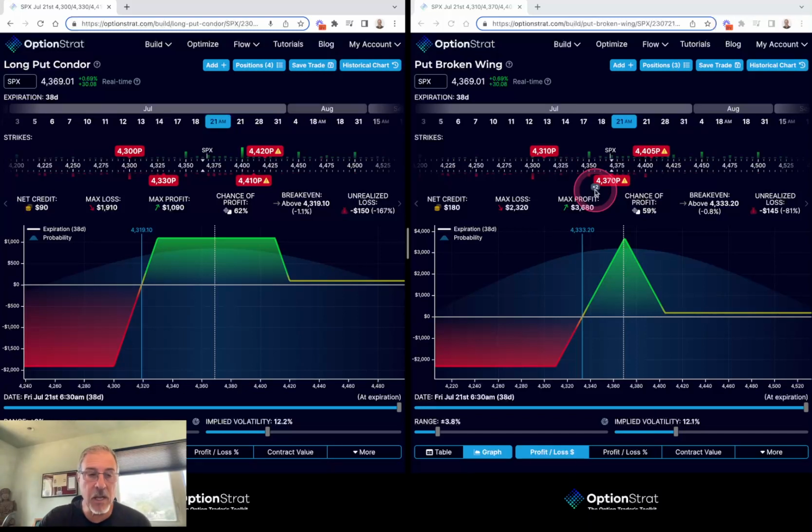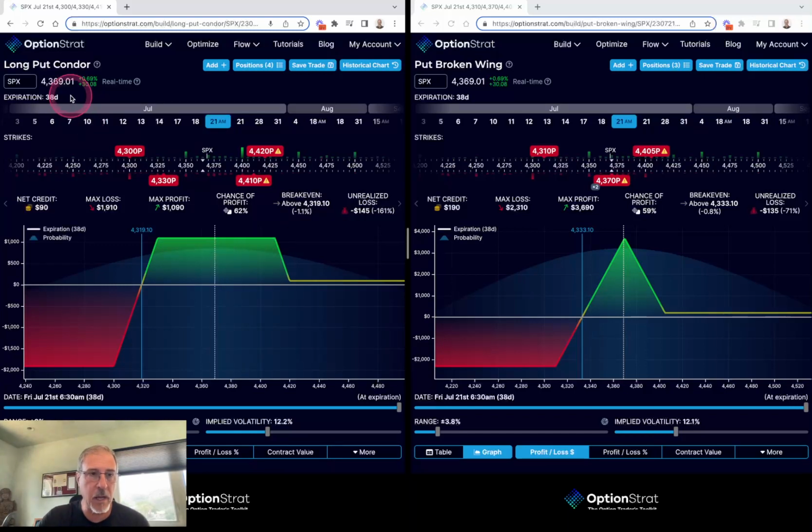So what I've done in this comparison is I've attempted to set these two up fairly close to the same level. What I mean by that is I'm trying to make both of them about the same distance either side of the current market.